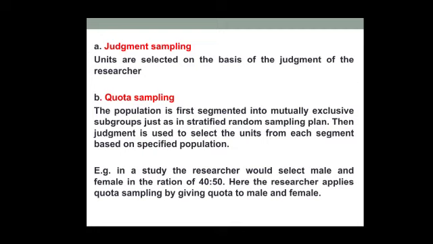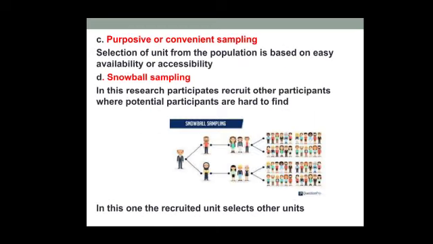Here the researcher applies quota sampling by giving quota to male and female, and in the previous example, by giving quota to management school and government school, likewise rural and urban students. Giving a quota of 60 to 40 to rural and urban students, likewise the researcher can give quota. Purposive or convenient sampling is on the basis of convenience and purpose of the researcher. No further clarification is needed there.